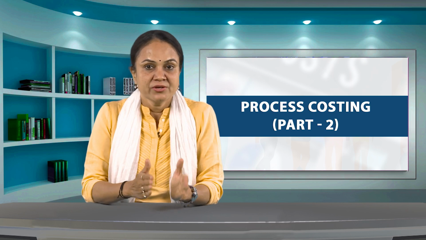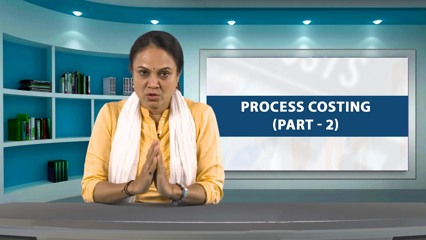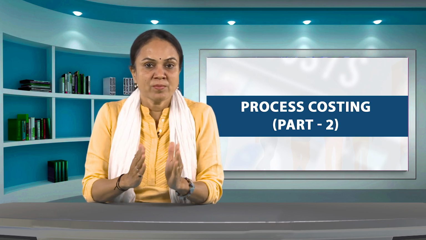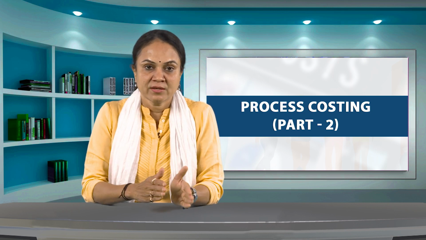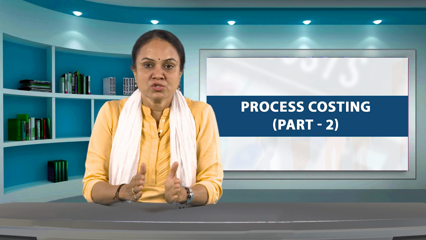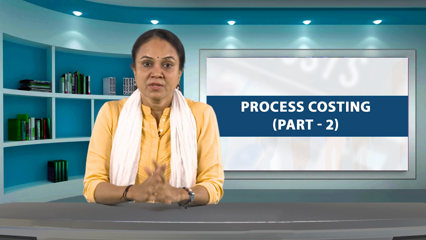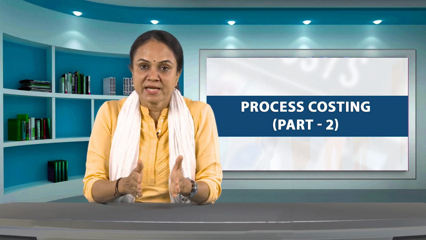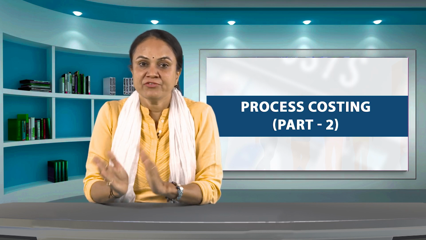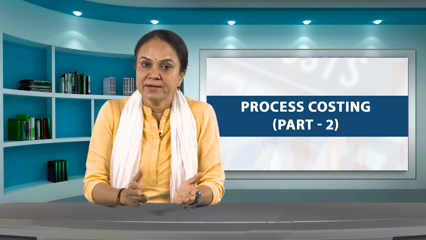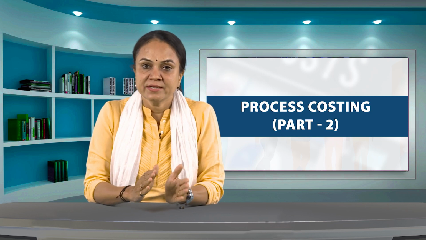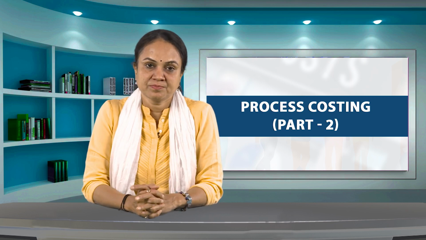Abnormal gain means reduction in normal loss. Due to this abnormal gain, to the extent of units of abnormal gain, firm will have loss of scrap value. The shortfall in the scrap value of normal wastage is debited to abnormal gains account and the balance is credited to profit and loss account.